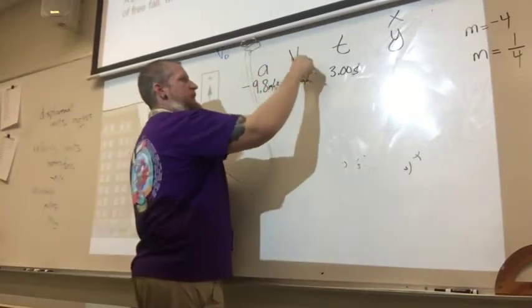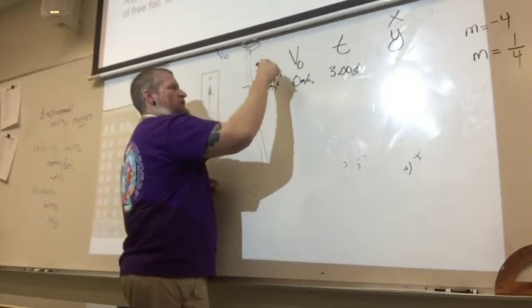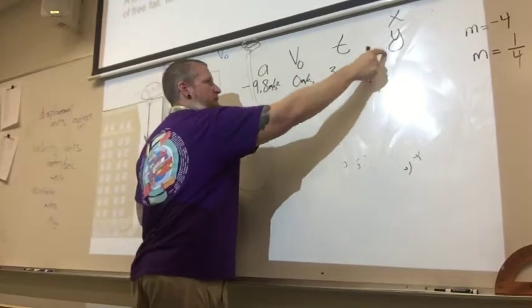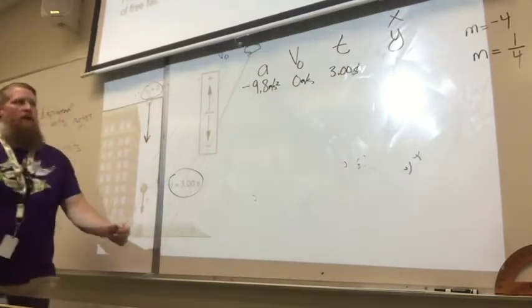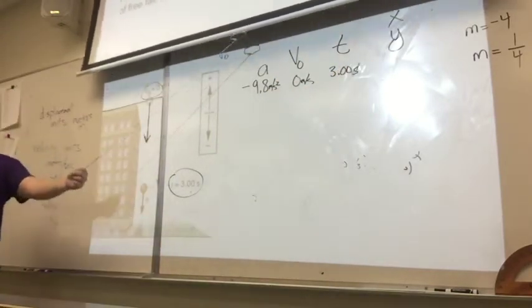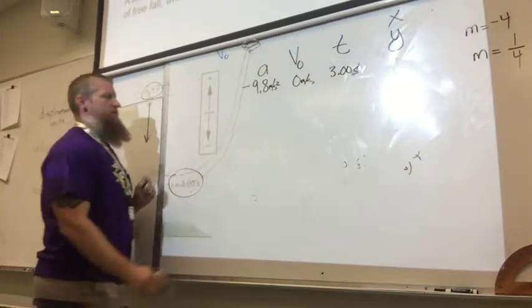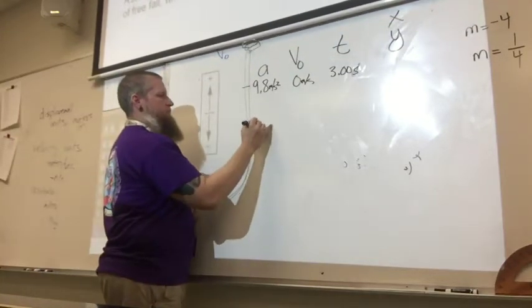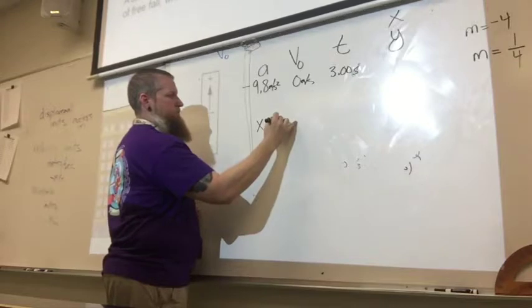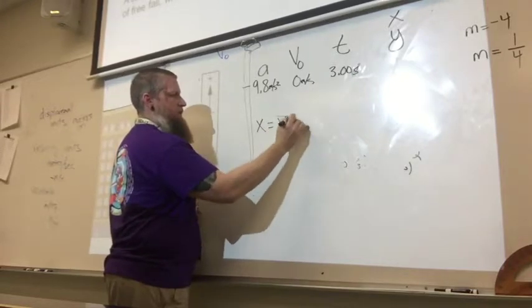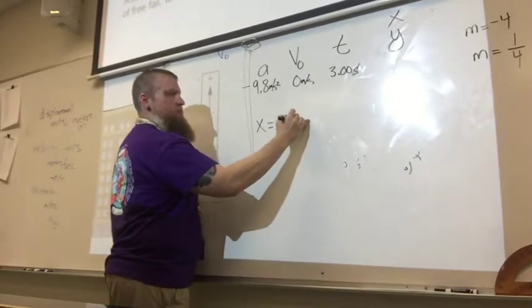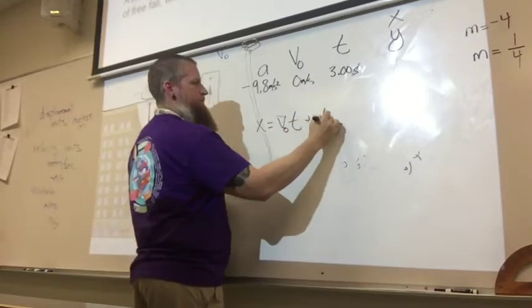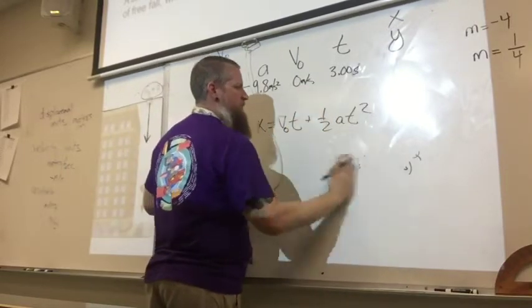So which equation has those variables in it? I need one with acceleration, initial velocity, time, and displacement. We already used it. Which one was the equation with it? Times squared.